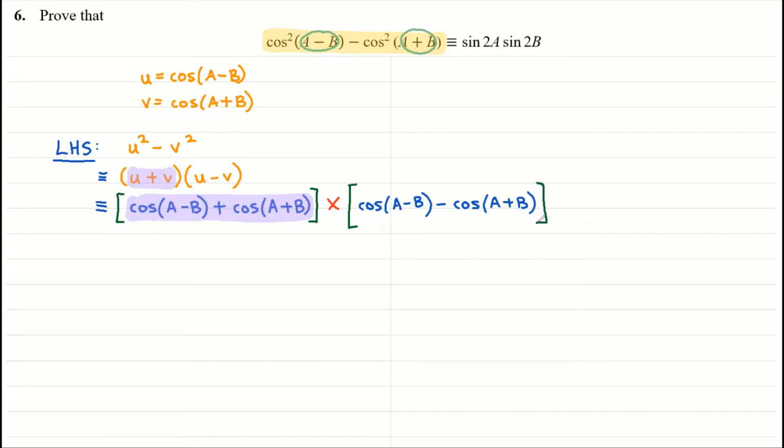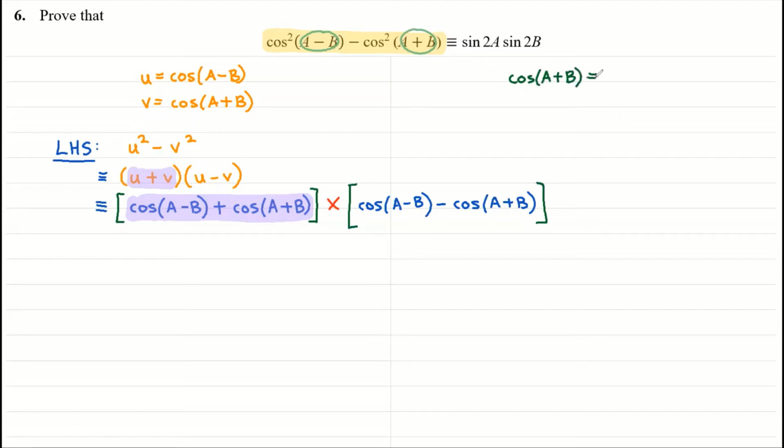Well, we don't have the squareds anymore, but remember, we've got compound angle formulae that we can use. They're at our disposal. Let's just summarize them up here on the right-hand side. So if you remember, and these are in the formula book, but again, I would strongly urge you to learn them.